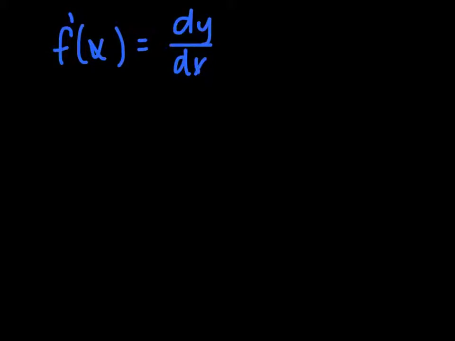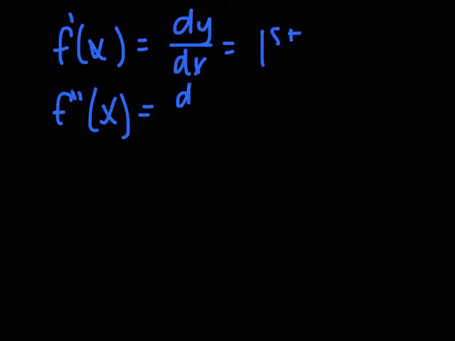And so now, here is just a pattern. If f prime of x equals change in y over change in x, that's the first derivative. F double prime of x equals d squared y over dx squared, that's the second derivative.